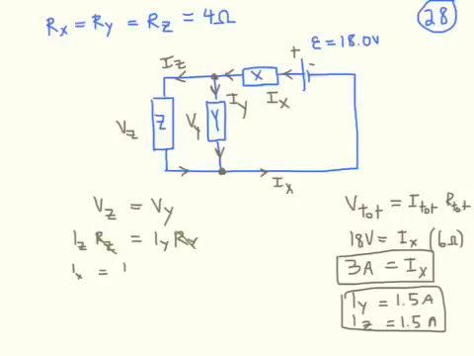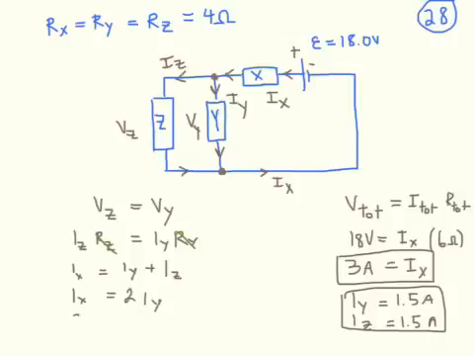So Ix equals Iy plus Iz. But Iz is equal to Iy. So the right side is really Iy plus Iy, or 2Iy.